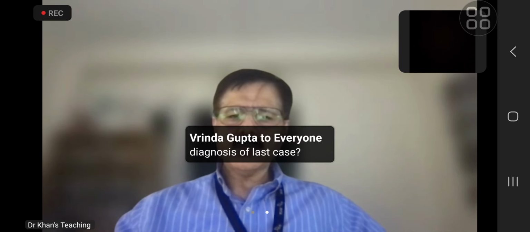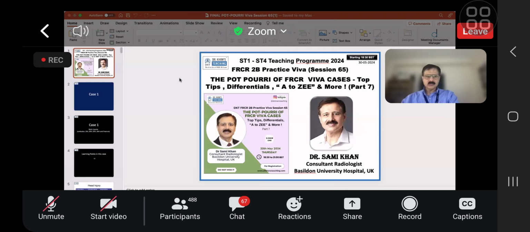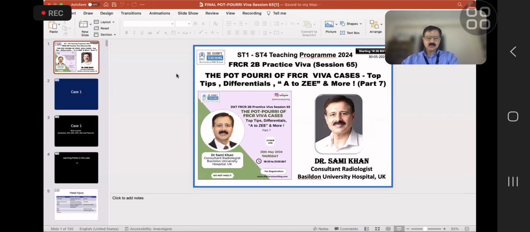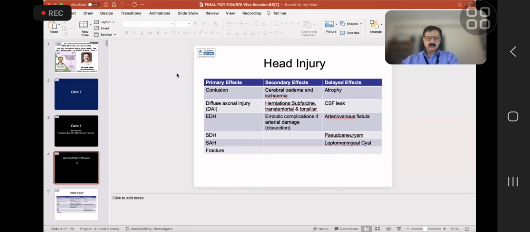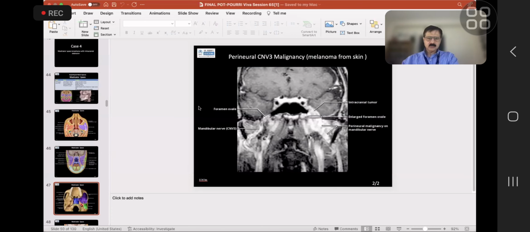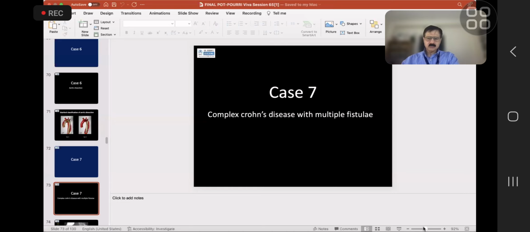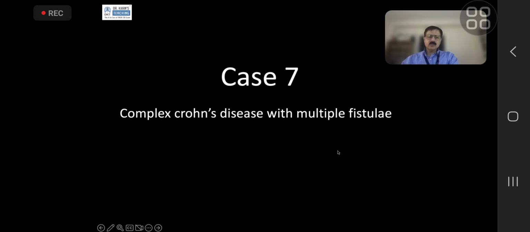In any case, I will go through it. So this was complex Crohn's disease with multiple fistulae.